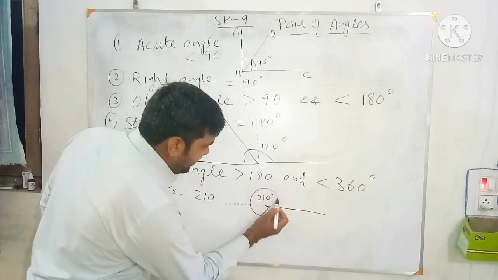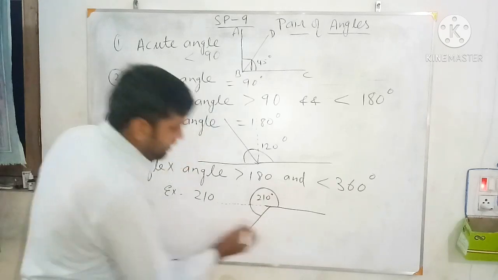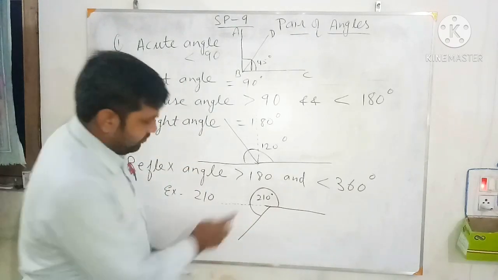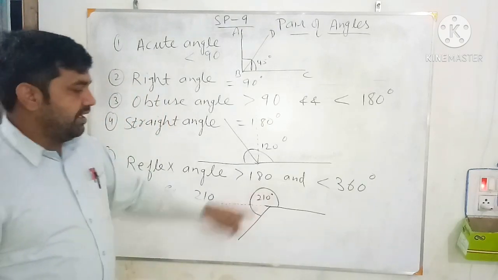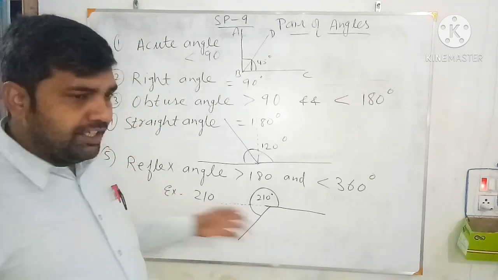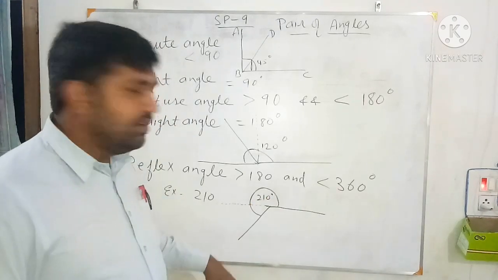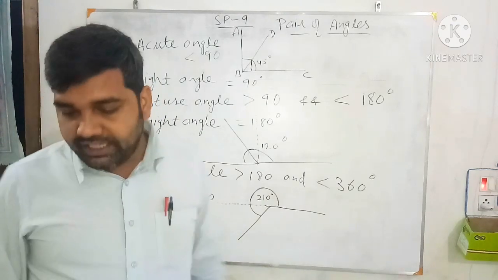This semicircle is 180 degree, and the angle is more than 180. That is, see here, 180 plus this much angle is more than 180, that is the 210 degree. It is an example of the reflex angle. 210 degree, 200 degree, 185, 190, 350, all these are reflex angles.